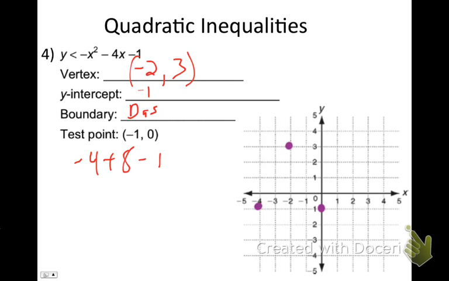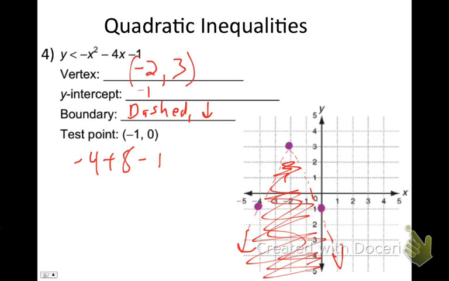And do I shade above or below, sir? I shade what? Below, because it's less than. So I have a dashed line as best as I can. And now I shade below, which would be almost on the inside because it's less than.